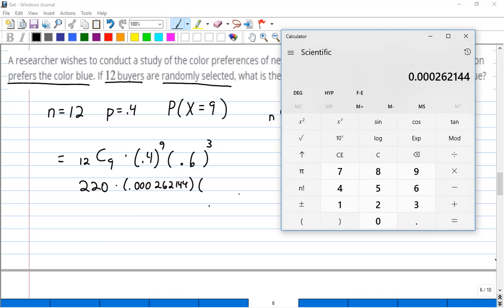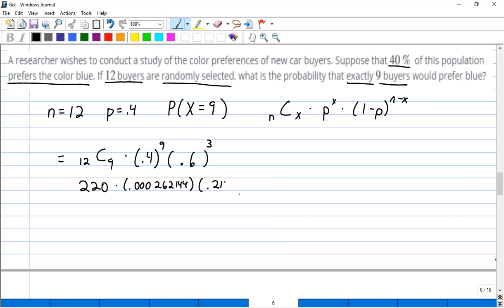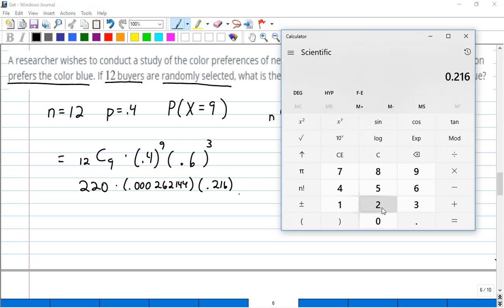Times 0.6 raised to the 3rd power. 0.216. All right. So we want to multiply those 3 together.